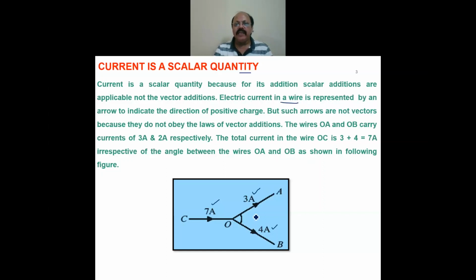So that's why we say that electric current is a scalar quantity, because laws of scalar addition are applicable, but laws of vector addition are not applicable in case of electric current.